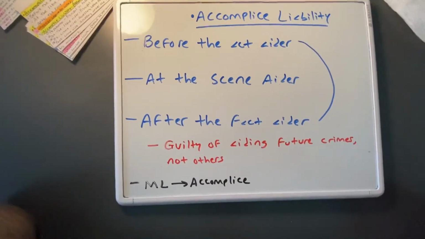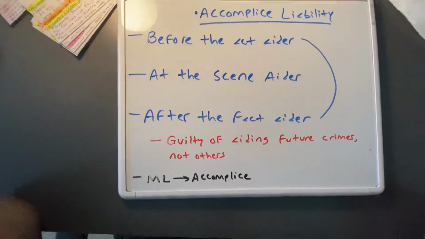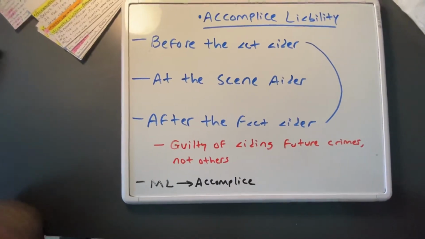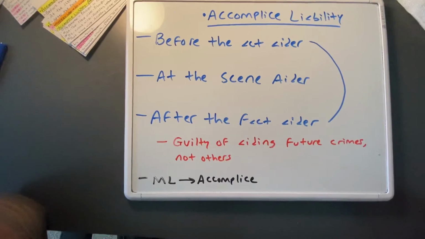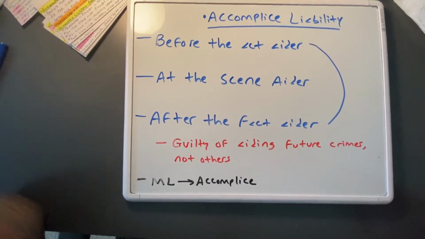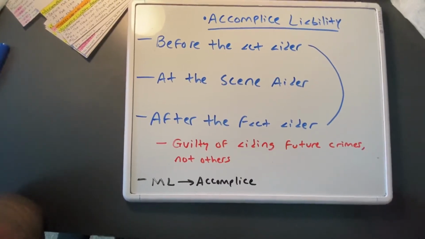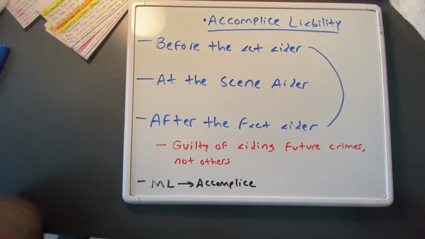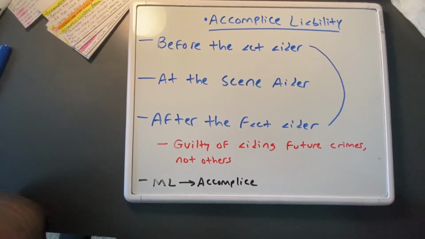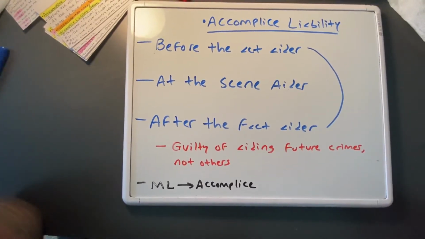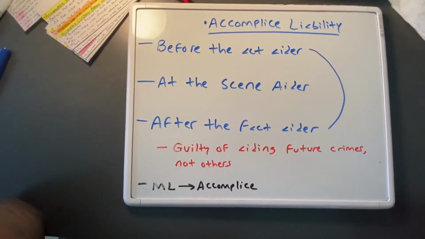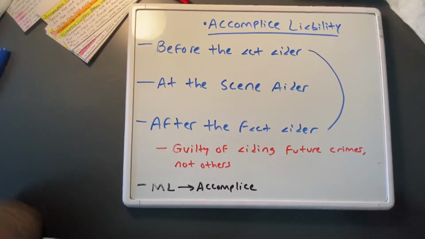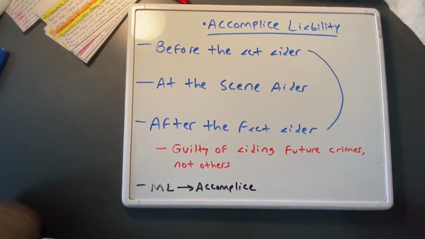Under the common law, we have before the act aider. An example of a before the act aider is, let's say that my friend Israel wants to help my friend Riley commit a homicide. Israel knows that Riley wants to kill another person. And before the day of the killing, Israel places a gun at Riley's bedside.